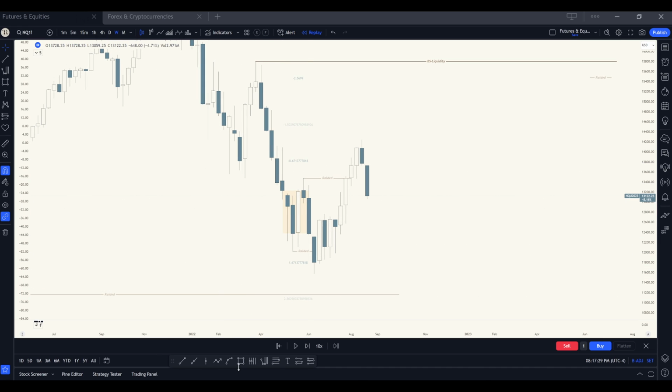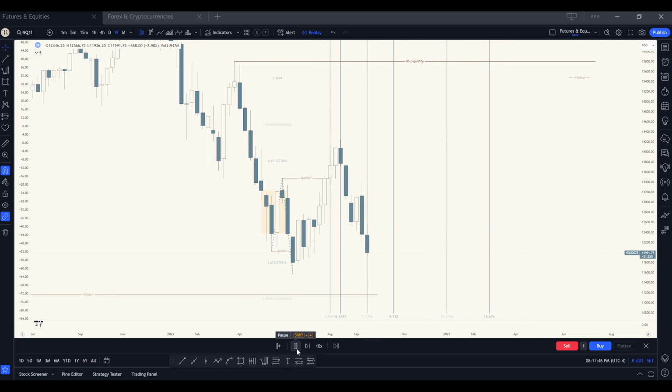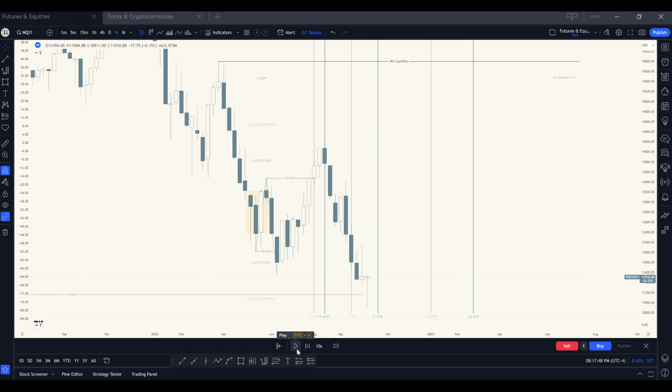Alright, now what are you going to do? You are going to outline the first Judah swing. Bam. What did it do? It projected the high and it projected the low.